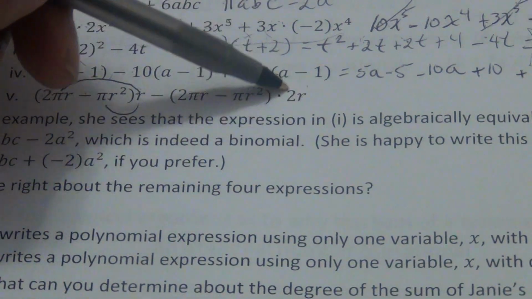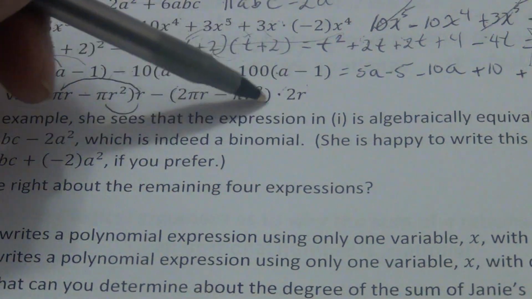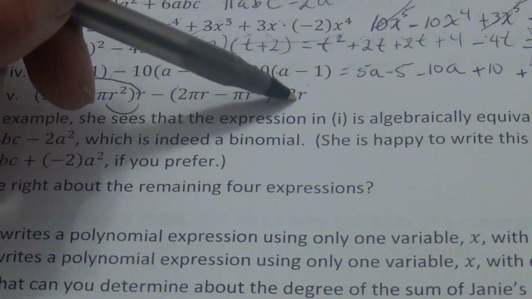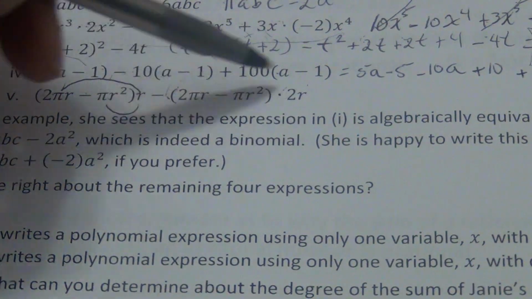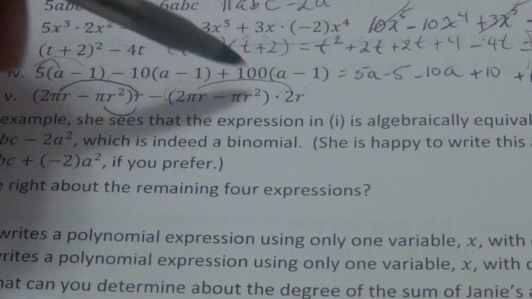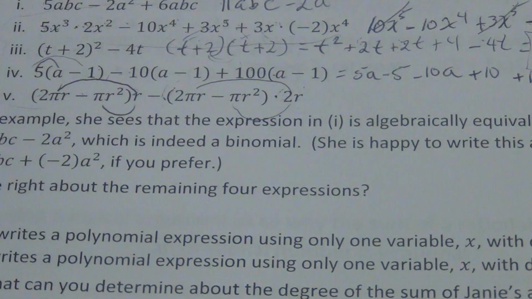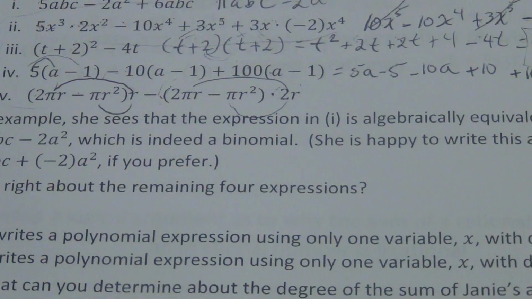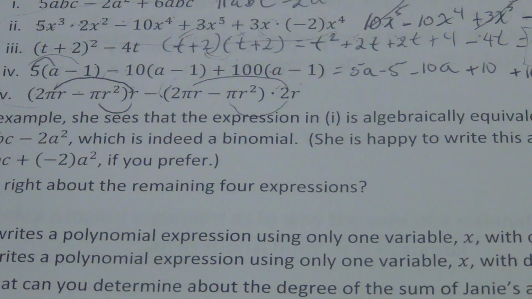This is also distributive property because it's parentheses multiplied by 2r. It doesn't matter where the 2r is. The 2r could have been over here, and you still have to distribute it. So you're gonna multiply 2r times this and 2r times this. Take your time, multiply. I'll be back in a second, okay?